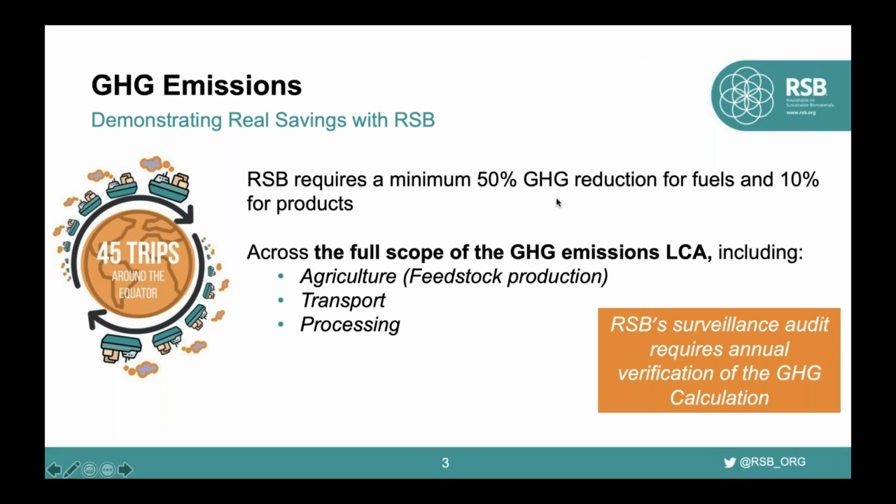So we look at feedstock production, transport and processing. And you'll see that those really are the main calculation and data entry points within the tool. And at the end, within our results sheet, we provide you with a space to see your greenhouse gas emission reduction as a percentage, as well as your overall greenhouse gas result.